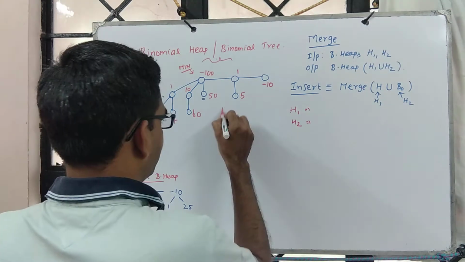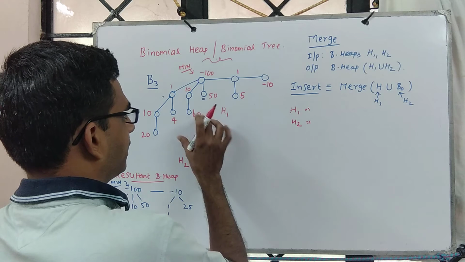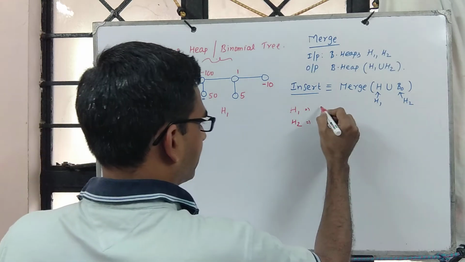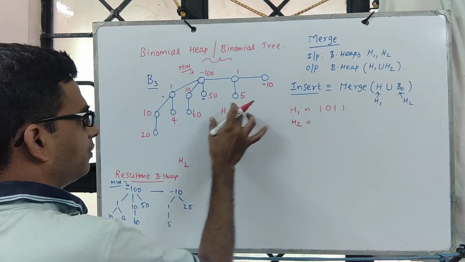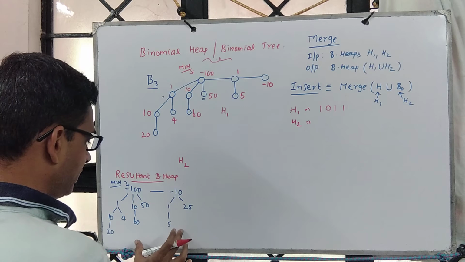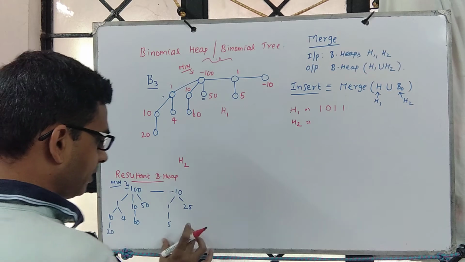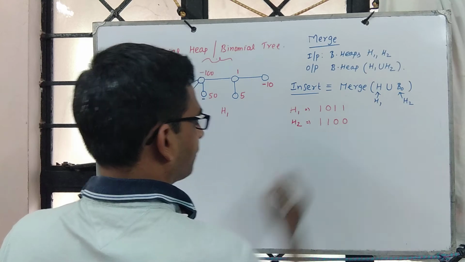The binary representation of H1, and this has got 11 nodes. It is 1, 0, 1, 1. And this has got 8, 4. So the binary representation of this is this.